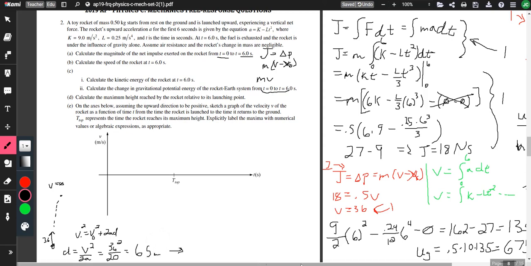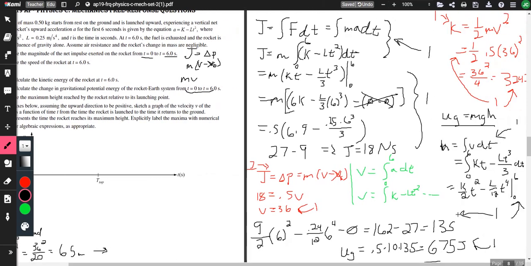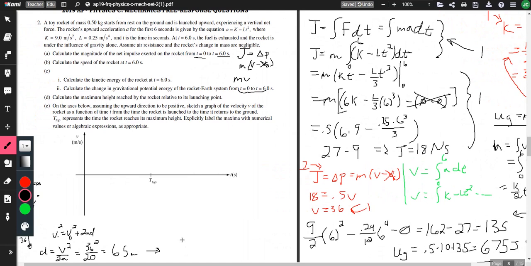That's not my final answer. I actually have to add that to the height gained during that initial 6 seconds. So my total height is going to be 135 plus 65. And that ends up being 200.